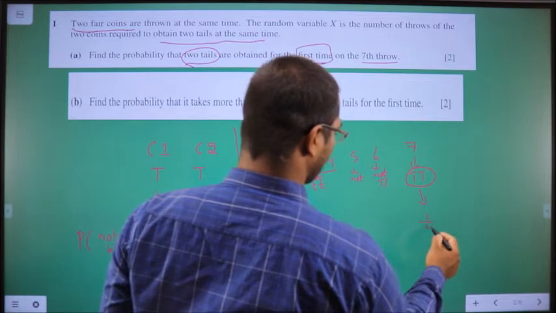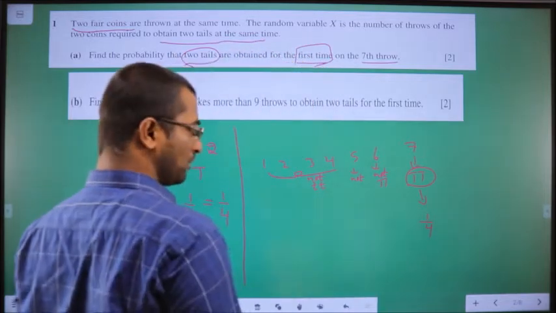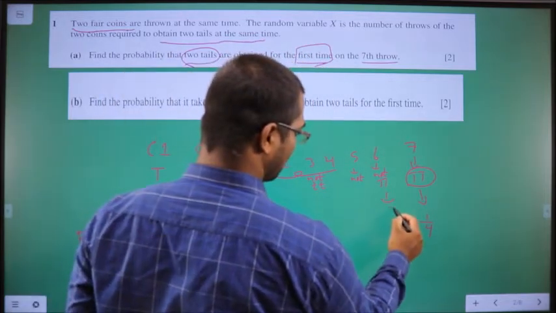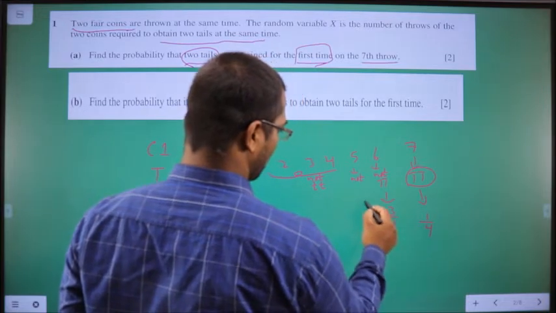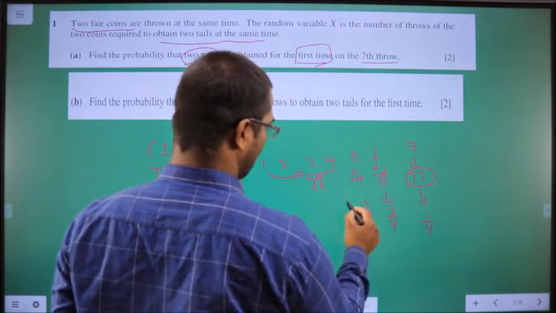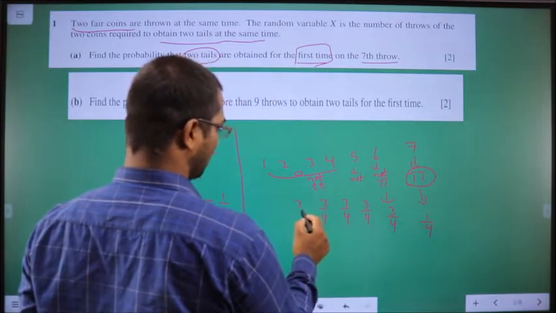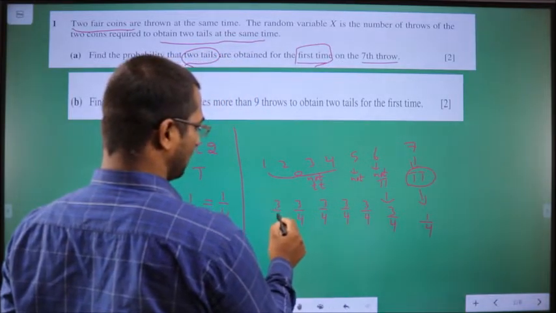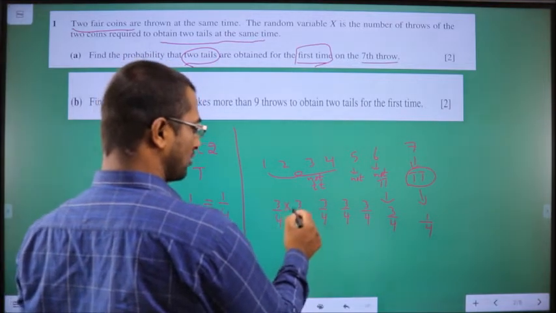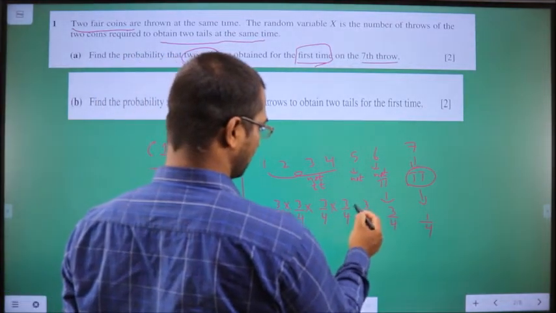Now, what is the probability of getting both tails? 1 by 4. Not getting both tails is 3 by 4. So here also 3 by 4, here also 3 by 4, 3 by 4, 3 by 4. All should happen, so multiply between them.